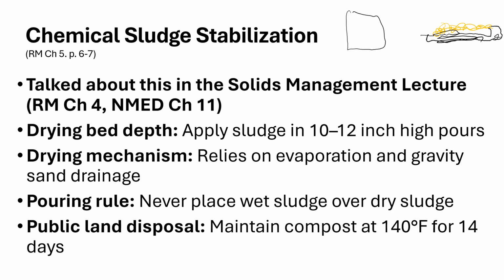That sand bed will take that drainage coming from the sludge, that water, and drain it off, and then we're probably going to send that back to the headworks. But these are the two mechanisms that we use in a sludge drying bed: evaporation and gravity drainage onto a sand bed.